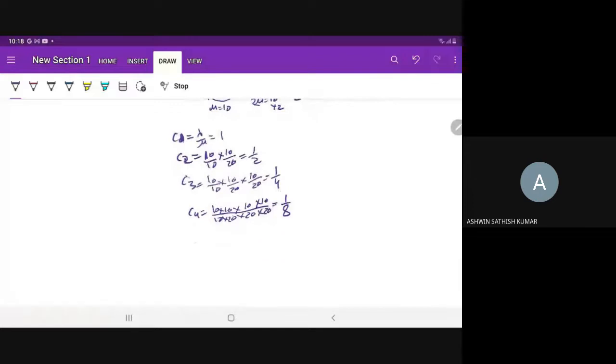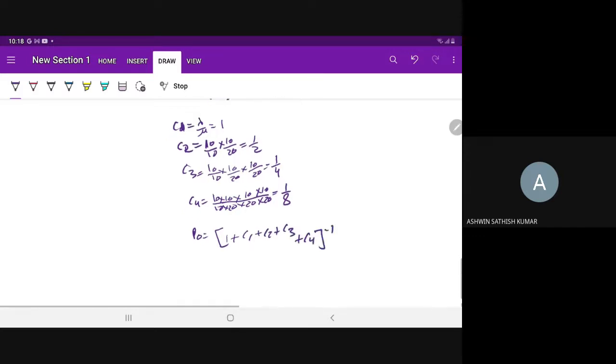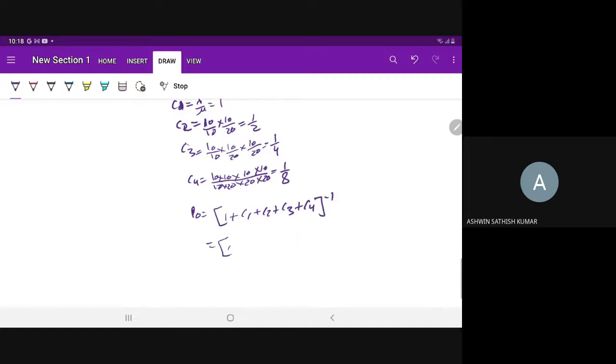So P0 is what? P0 is 1 plus C1 plus C2 plus C3 plus C4, inverse. So that is 1 plus 1 plus 1 by 2 plus 1 by 4 plus 1 by 8, inverse.